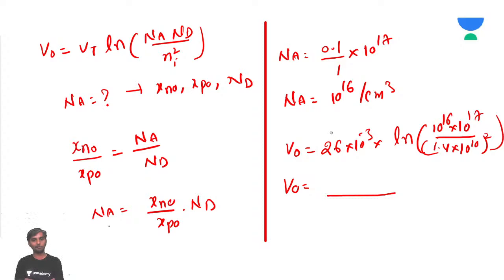Calculate the value of V naught. How much is it going to be? 0.76.